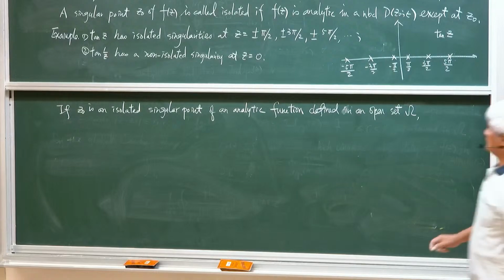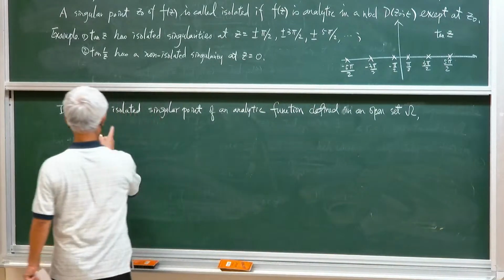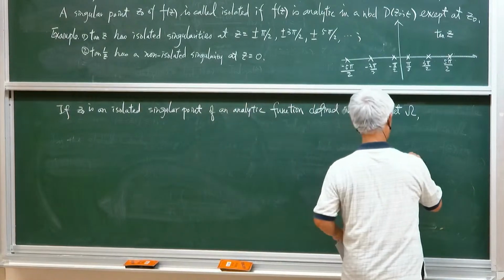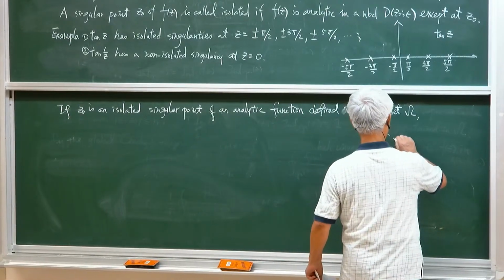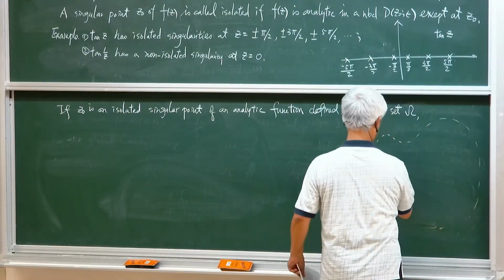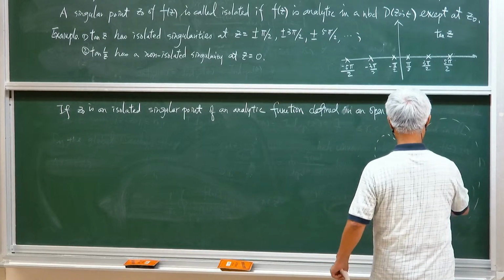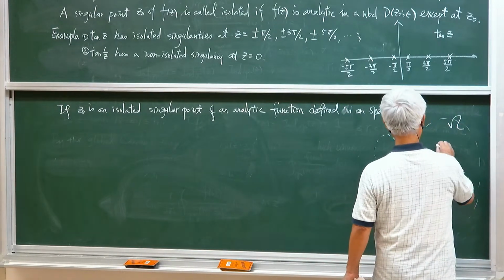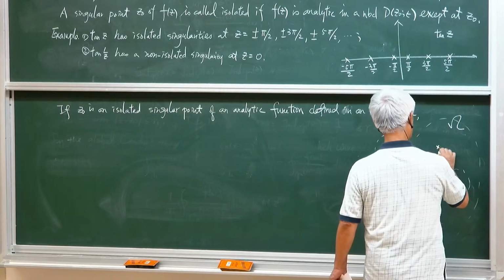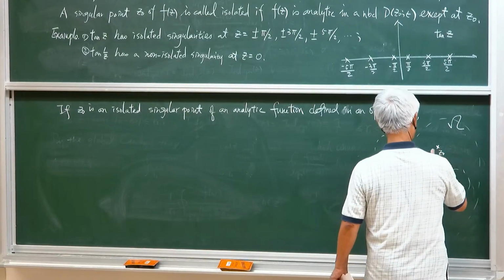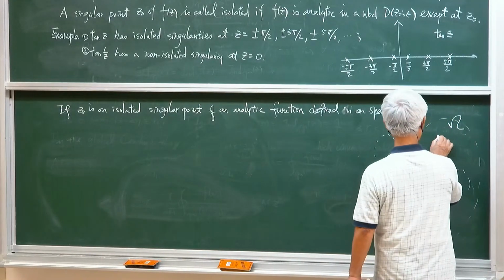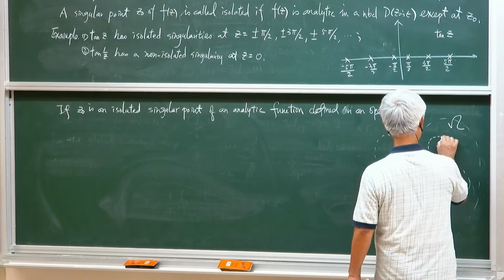Suppose z0 is an isolated singular point. So maybe this is omega, and z0 is an isolated singular point, so that we can find a neighborhood.